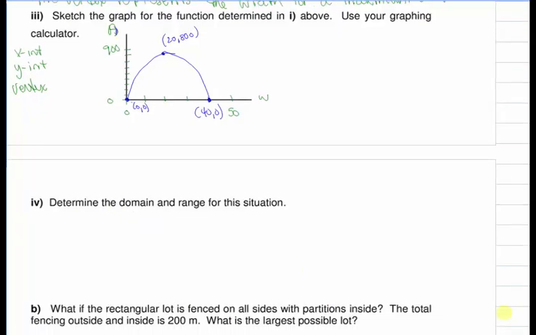We will now consider the domain and range for this situation. And the domain and range will represent the graph, not what happens in reality. Okay? So our domain, well, we're using w as our variable. And as you can see, we can only have values from 0 to 40.